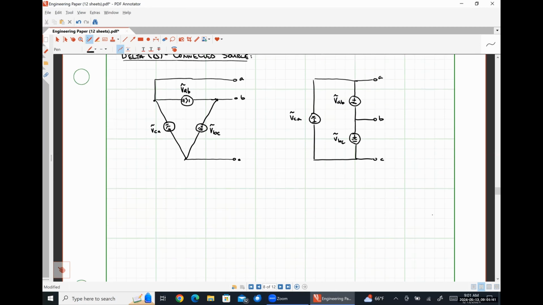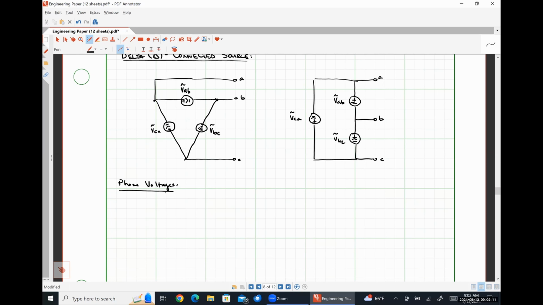All right, so let's more formally answer Patrick's question here by identifying our phase voltages for this particular system. So by definition, a phase voltage is nothing more than the voltage drop across one phase of our source or load.